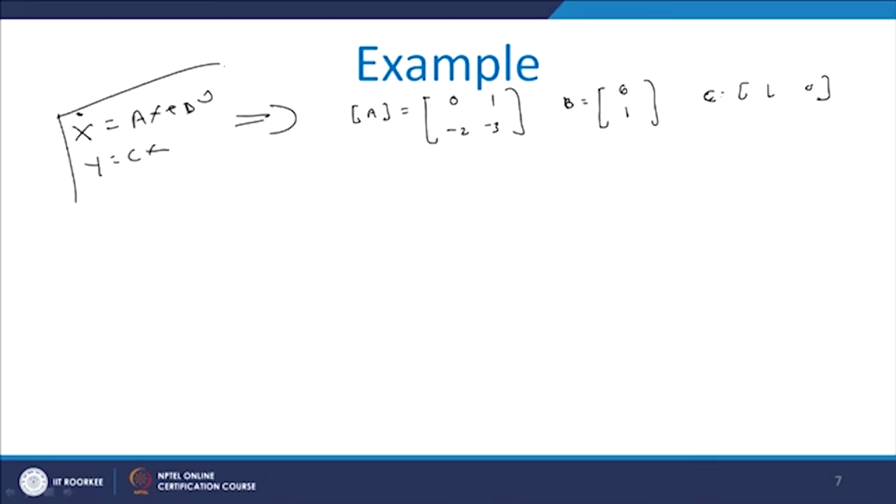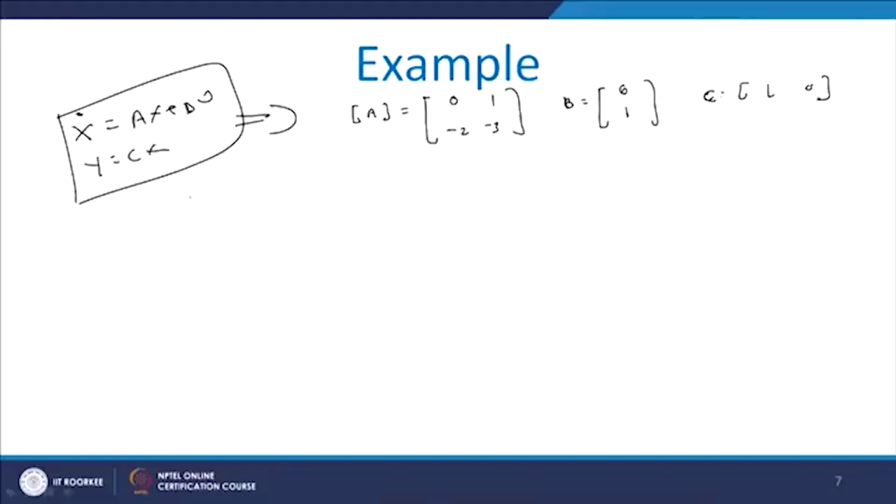This is the model. And again, one property we have got: there is no D, which means that if you convert into a transfer function form, the degree of the denominator is greater than the degree of the numerator, that is, no D is involved. Now, our aim is to calculate the steady state error.